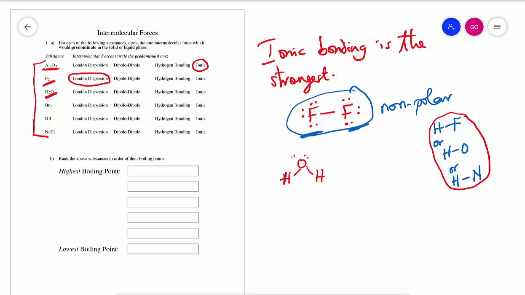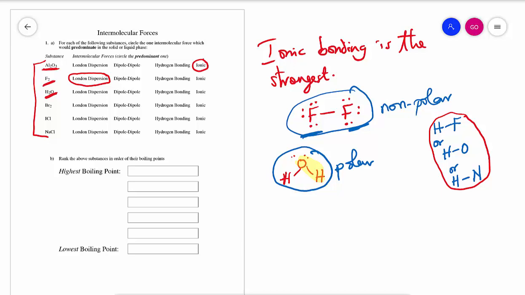From the structure, we can immediately see that this is a polar molecule, which would suggest that it would possess dipole-dipole interaction. But wait, we also have hydrogen bonded to oxygen. That is hydrogen bonding.